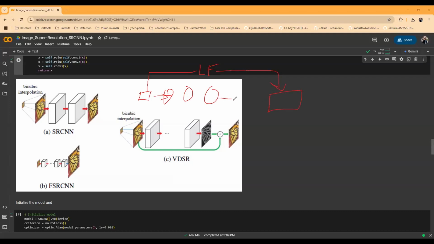And just before this addition, there is an upsampler based on subpixel convolution or pixel shuffle. So it first enhances the input image on the same spatial resolution, and then this edge or high frequency information will be added to get the HR image.